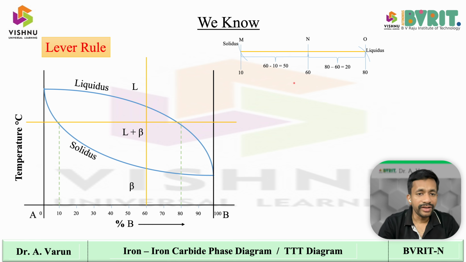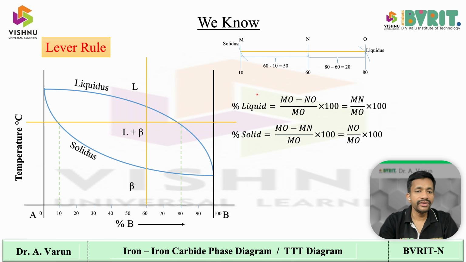So if I want this length, obviously it is 60 minus 10, that will be this difference. And if I want this length, it is 80 minus 60, which is 20. And the total length will be 80 minus 10. So very simple. The percentage of liquid is (MO minus NO) divided by MO times 100, and the solidus is (MO minus MN) divided by MO times 100.